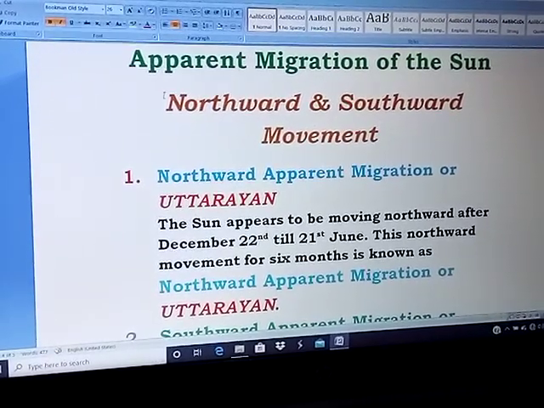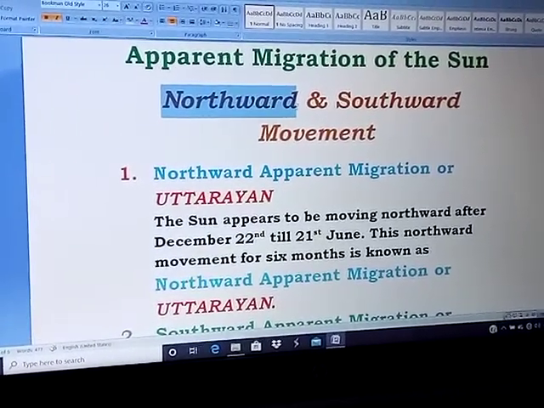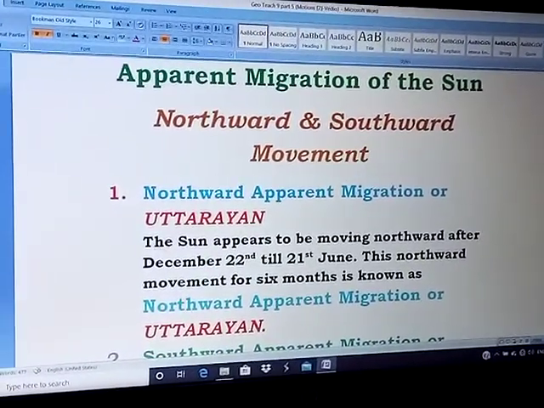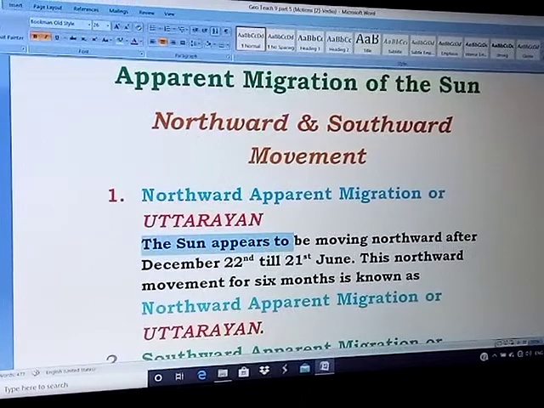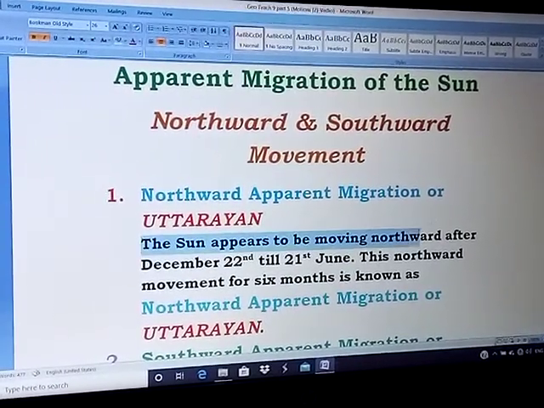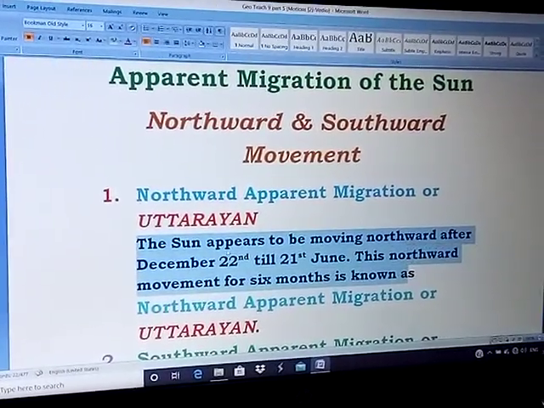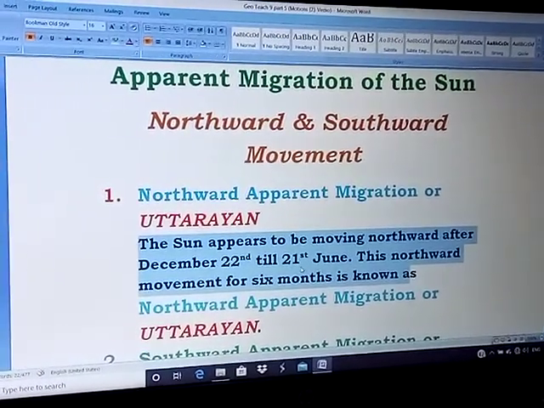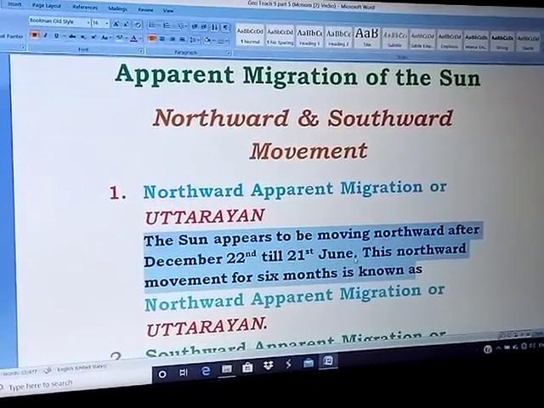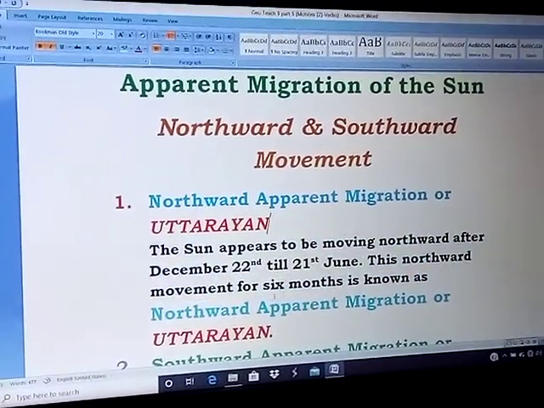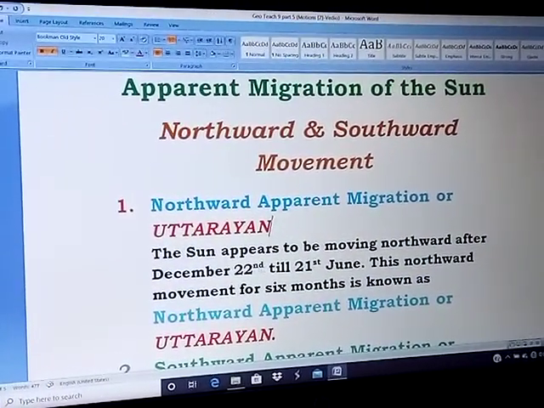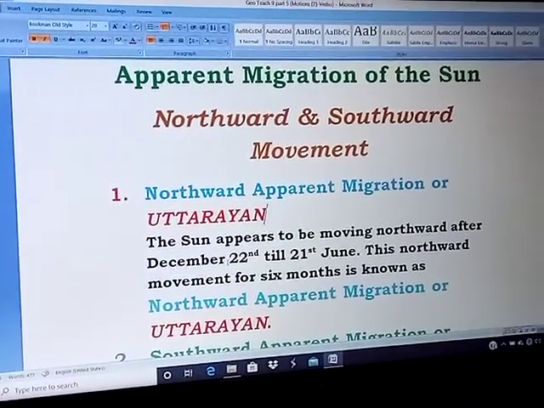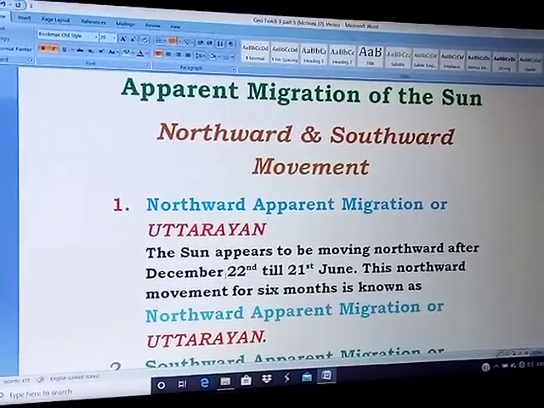During this northward migration of the sun, the sun appears to be moving northward after 21st of December till 21st of June. Because on the 22nd of December the sun is overhead on the tropic of Capricorn and it is the summer season in the southern hemisphere.